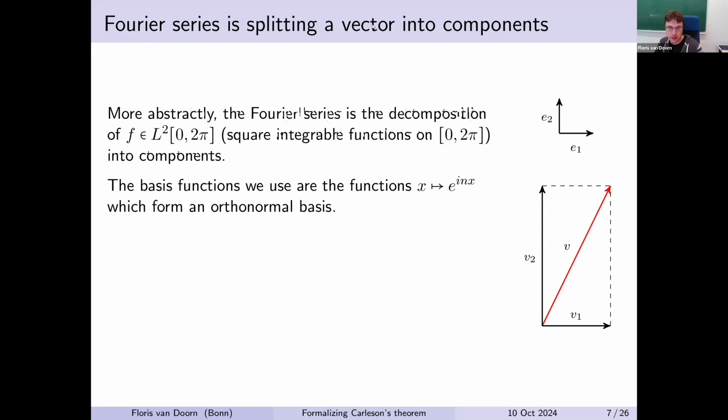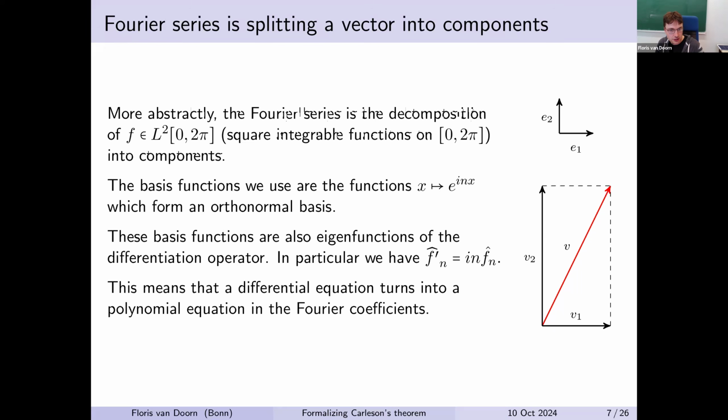That gives an inner product, and under that inner product, this is an orthonormal basis. So they all have norm 1, and if you take two different ones, then their inner product is 0, so they're orthogonal.